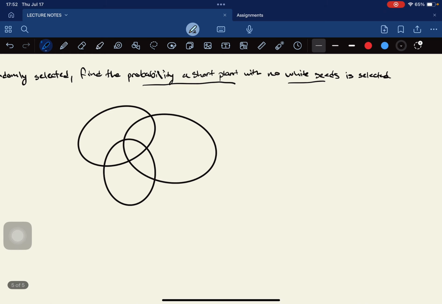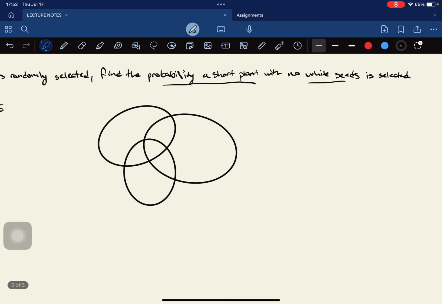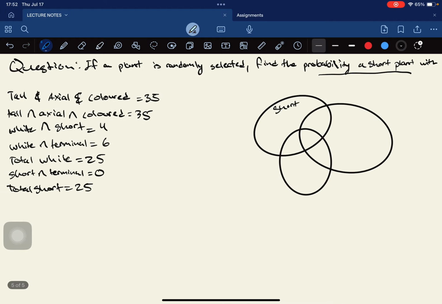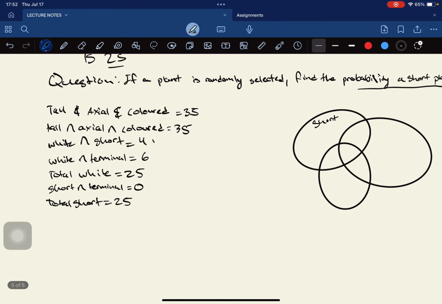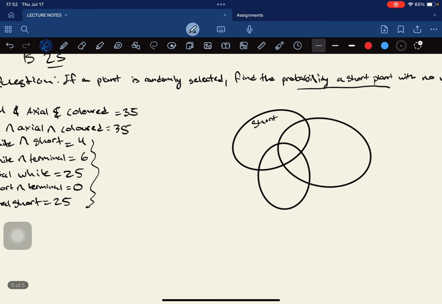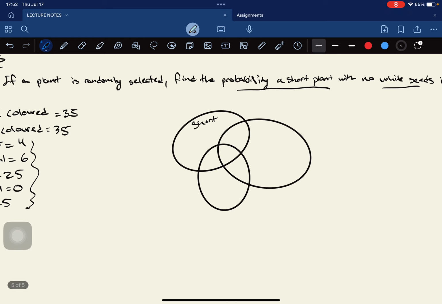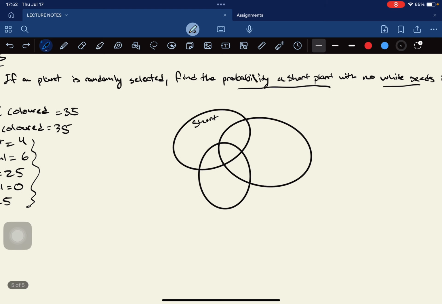Okay, so now we have to work with the middle things first. Here we put the three intersections: short, white, and terminal, because these are more mentioned. Actually, I'll put terminal here because he wrote it like that, and white.